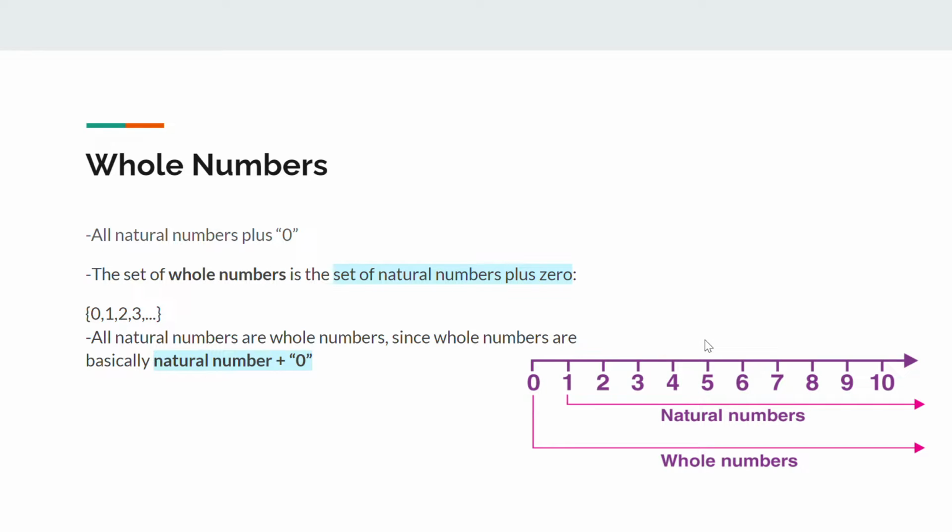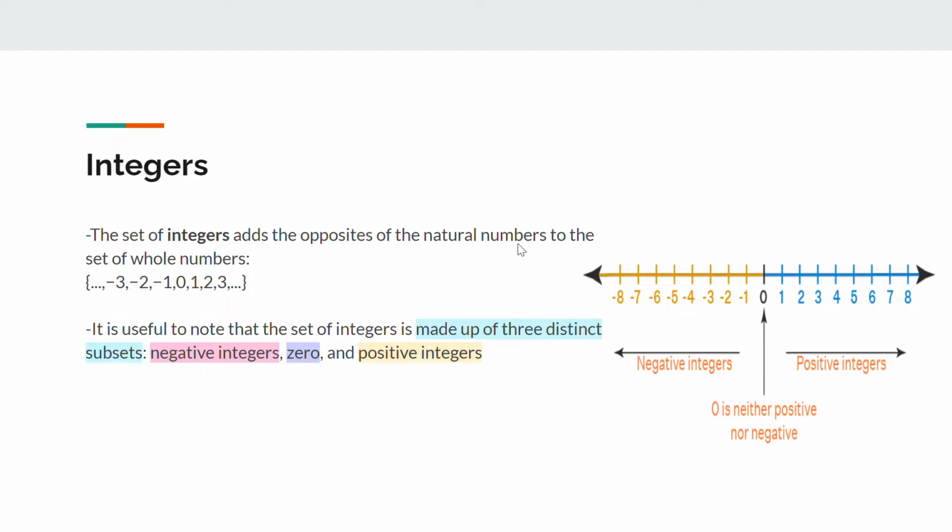Moving on to the next slide, we've got integers. The set of integers adds the opposites of the natural numbers. Natural numbers start from 1 and go on to infinity. The opposite side of the natural numbers starts from -1 and goes on to negative infinity.